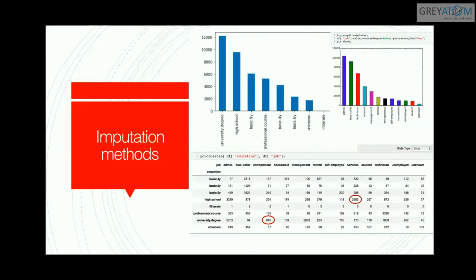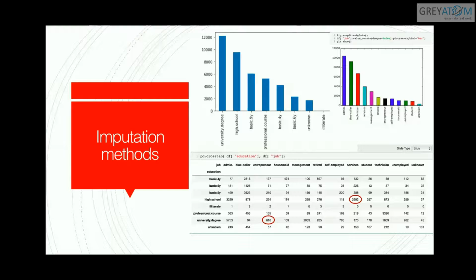We have given two examples of imputation methods here. In this categorical variable we had unknowns which we had to impute. Since the volume was very low, we directly took the mode. For another categorical variable, the unknown volume was too high to take the direct mode, so we went a more logical way.